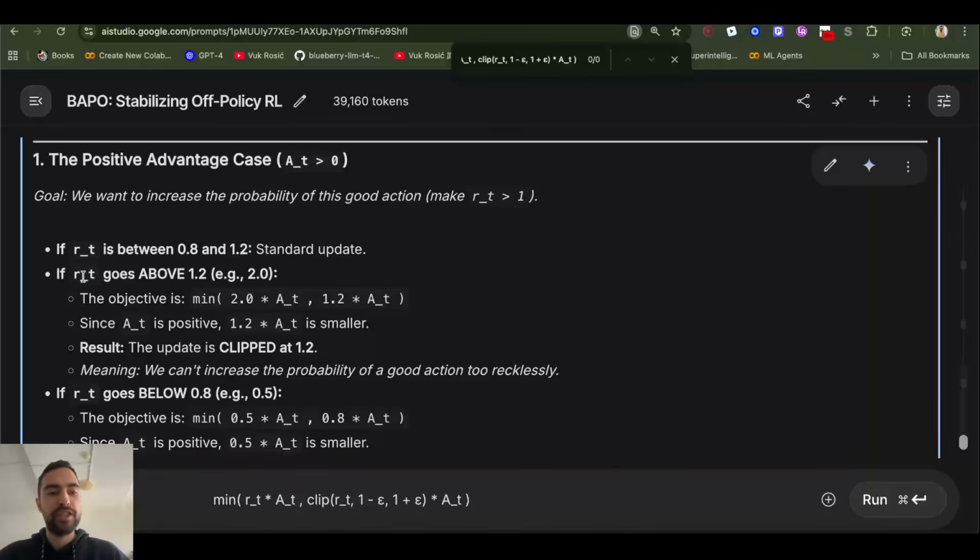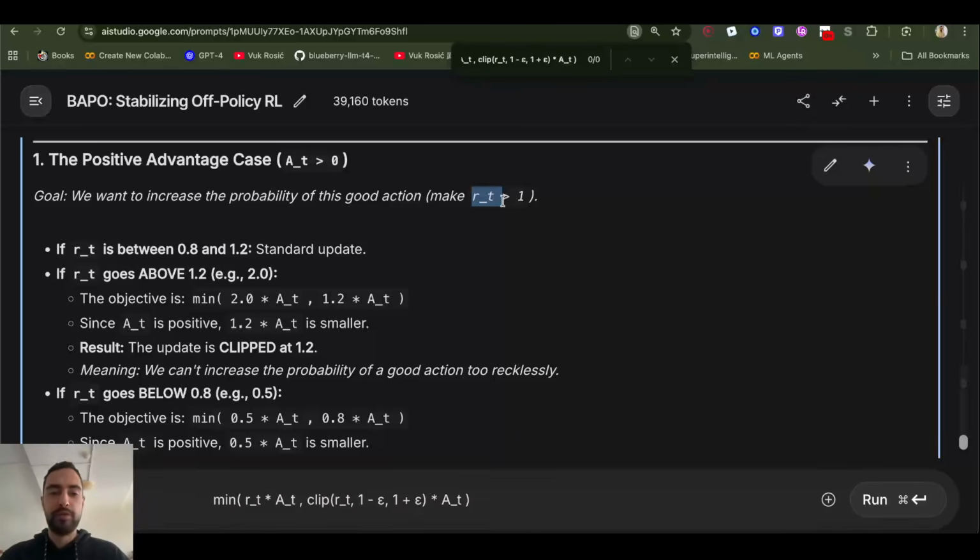But if the importance ratio is above 1.2, for example 2, which means the new model thinks this particular token is 2 times more likely, or gives it 2 times higher probability to generate, and at the same time, the answer was correct, we don't want to increase the probability of this particular token too much anymore, because the answer was correct and it already has a decent increase in probability compared to the previous old model.